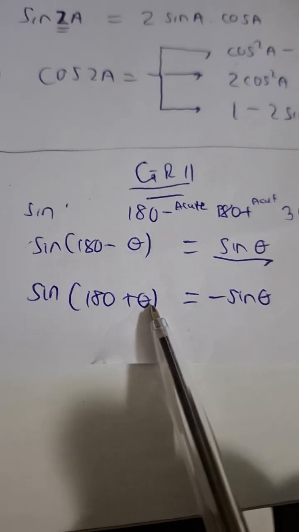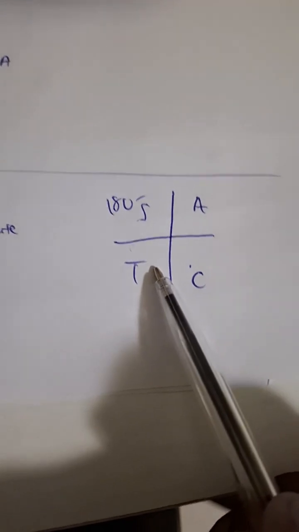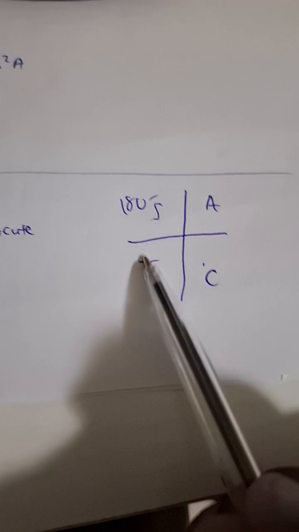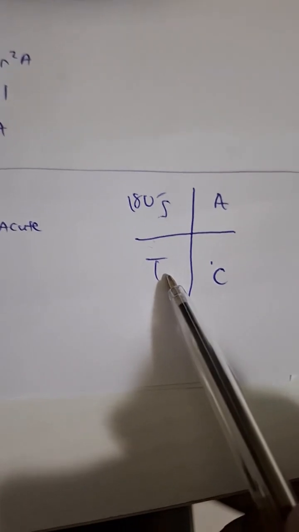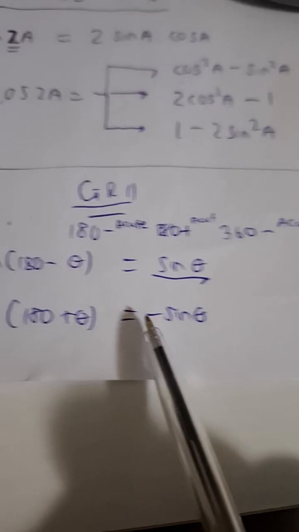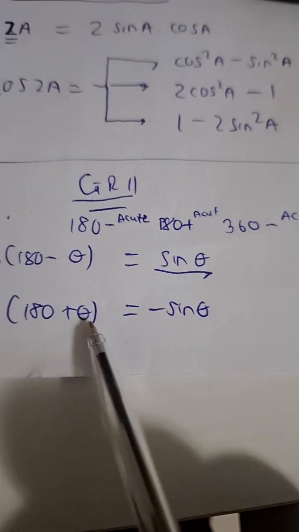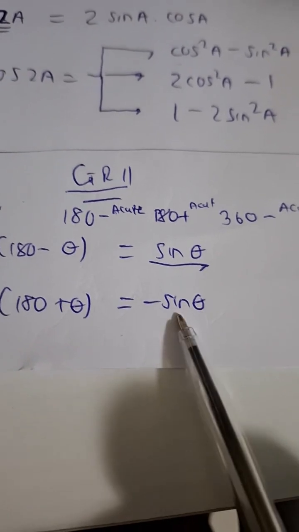How you would do it using the Cartesian plane, you would ask: 180 plus theta is in which quadrant? You would say it's in the third quadrant. How is sine in the third quadrant? We know that in the third quadrant only tan is positive, so sine in the third quadrant is negative. Then you would write negative sine of the acute angle, which is negative sine theta.